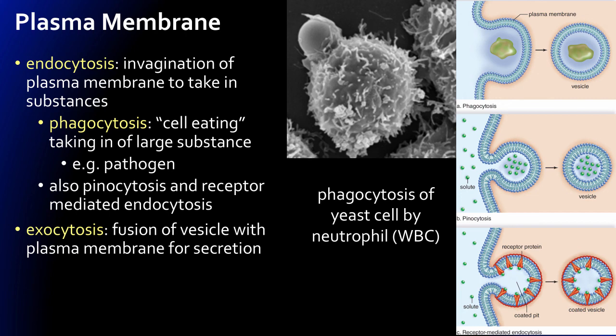So again, if we have a cell that is glandular, producing something like mucus or hormones, exocytosis may be the mechanism by which we can get rid of those and then have them distributed to the area of the body in which they're going to be used.